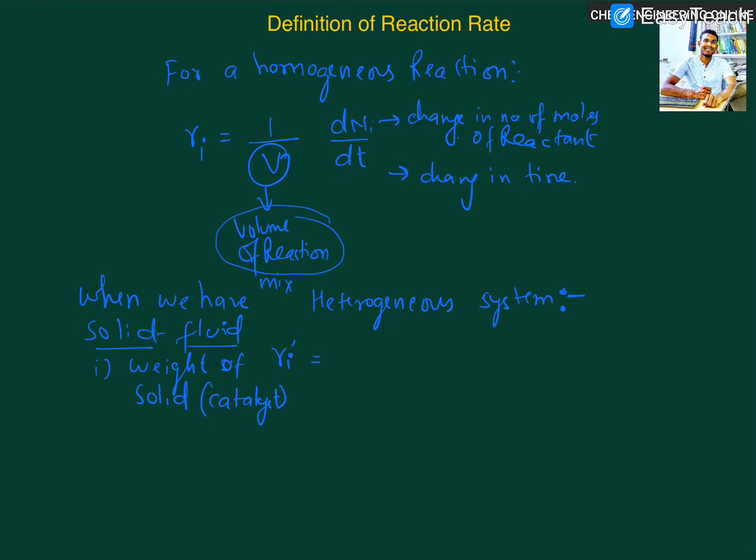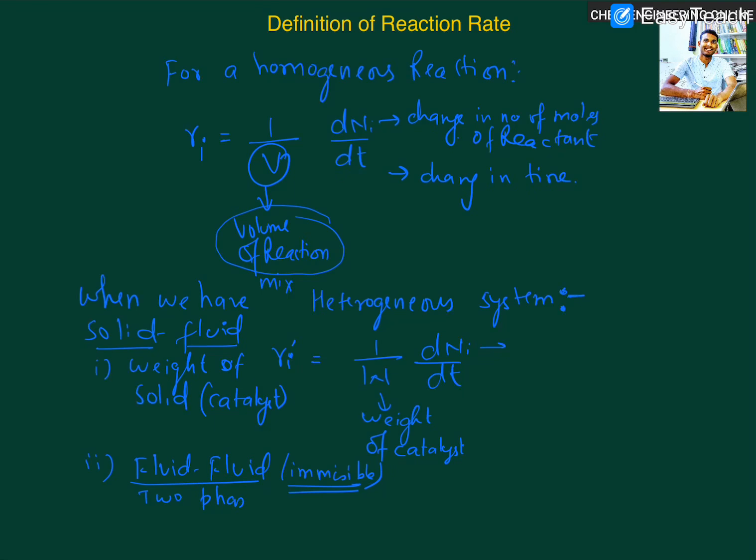So let's say Ri dash, the rate equation can be defined as (1/W) dNi/dt. Here this will be the weight of catalyst. And if we have a two-fluid system, suppose they are immiscible, so they will act as a two phase system.